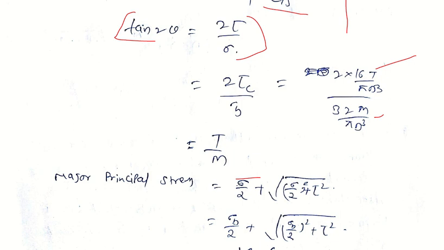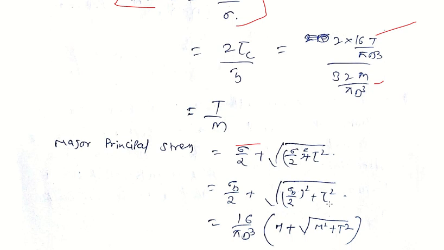There is a formula sigma 1 plus sigma 2 by 2, but here only sigma is there, no sigma 2, so it is sigma by 2 plus root of sigma by 2 whole square plus tau square. Now sigma is sigma b, and tau is the shear stress produced due to torque. So we put the values of sigma b and tau.